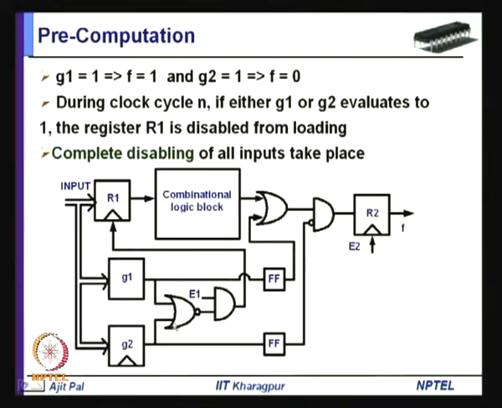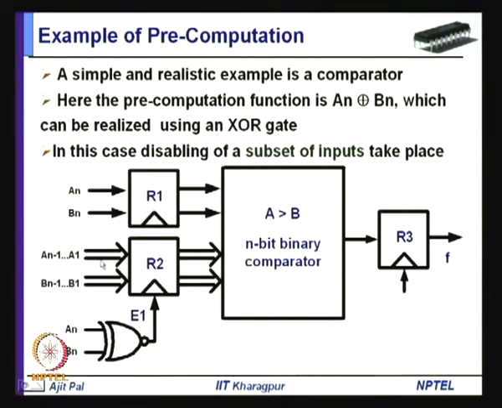You will require somewhat complex hardware to identify these conditions and generate the activation signal for this latch. On the other hand, in this case, although you are able to disable only a subset of inputs, there will be significant saving in power dissipation in this comparator circuit, and the activation circuit is also very simple in this particular example.